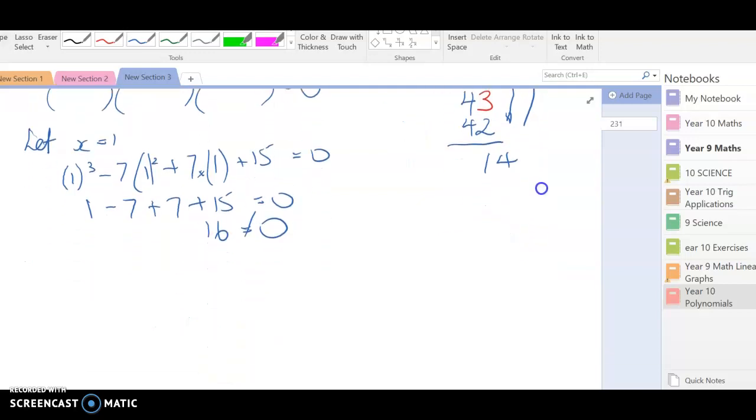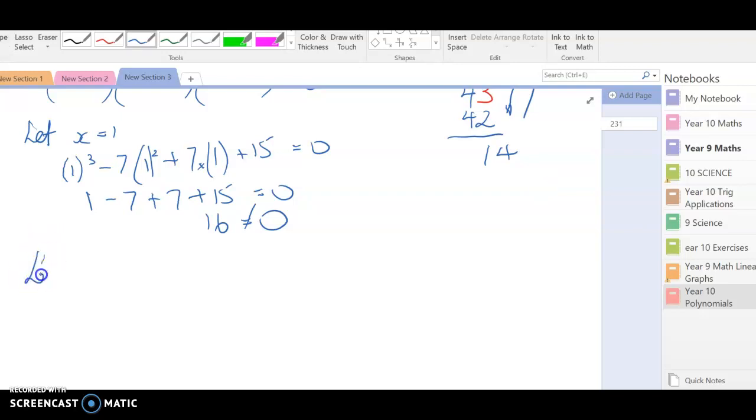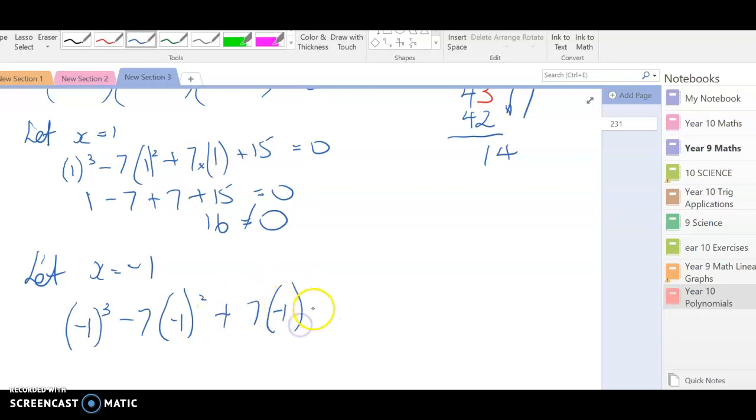So we then try maybe negative 1. So let x equal -1, I should say. Substituting, now remember it's -1 cubed, minus 7 times -1 squared, plus 7 lots of -1, plus 15 equals 0.